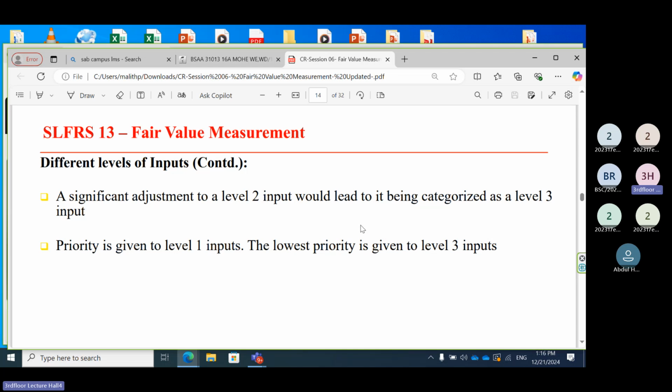Similar assets nearby Kalutara are Tangerine and Royal Palm. Tangerine Hotel is a listed company. So as a listed company, as at that reporting date, we have a fair value.